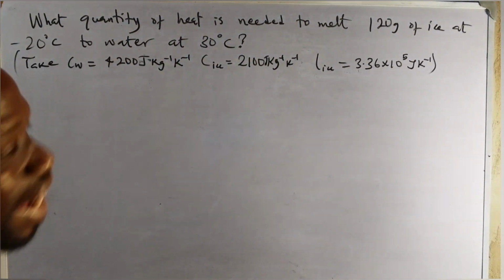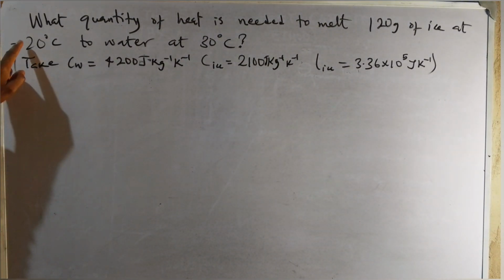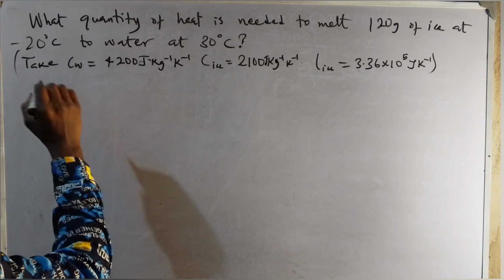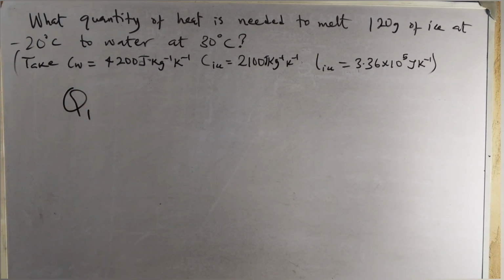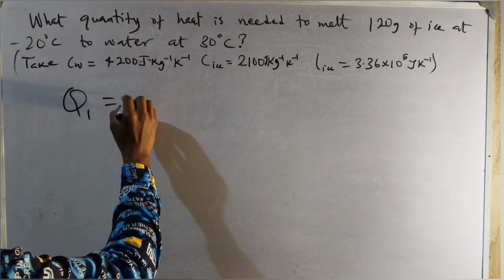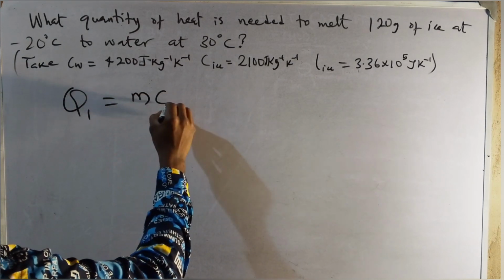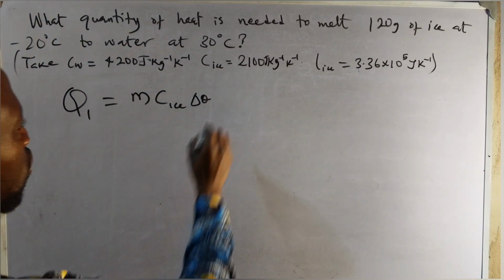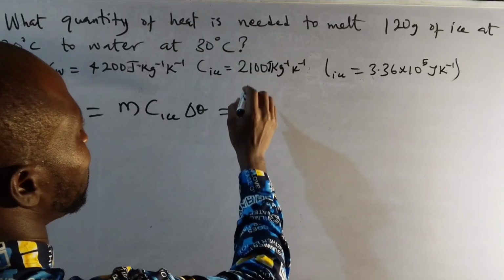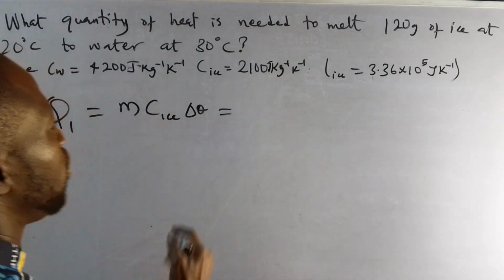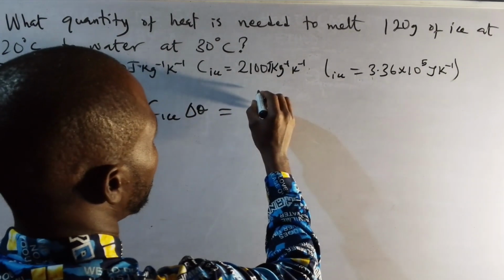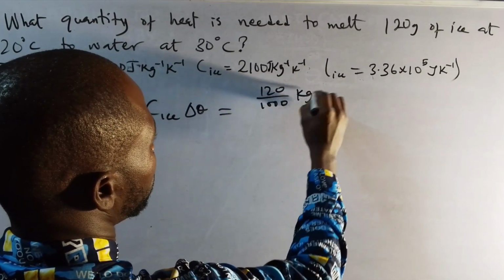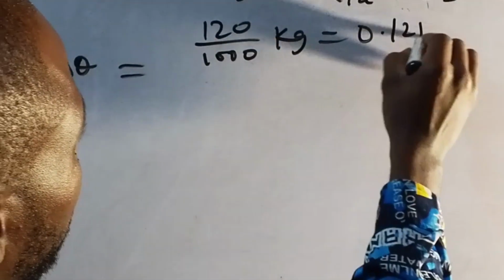To melt an ice from -20 to water at 0, you need Q1, which is mass of the ice, times the specific heat capacity of the ice, times change in temperature. Mass of the ice is 120 gram. 120 gram is 120 over 1000 kilogram, which is 0.12 kilogram.